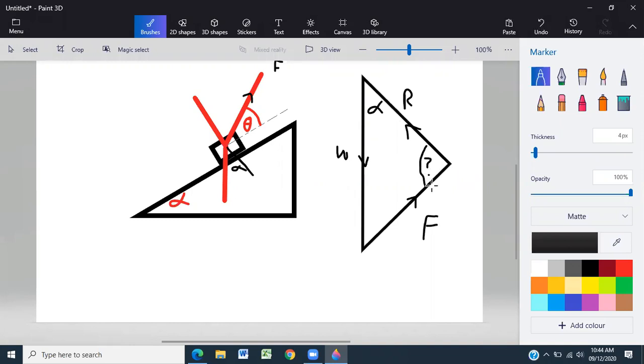This angle is between R and F. So F, let's say it came here, we slid it down here, and let's put back this parallel line, sorry. So R is perpendicular to the inclined plane, and this here is parallel to the inclined plane, right? So here should be a 90-degree angle, right?